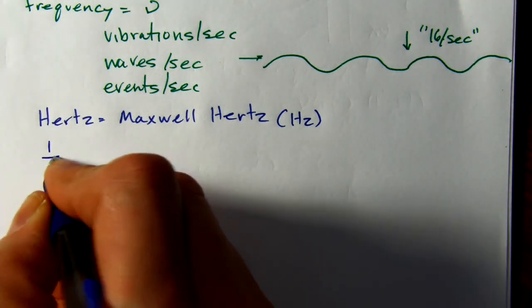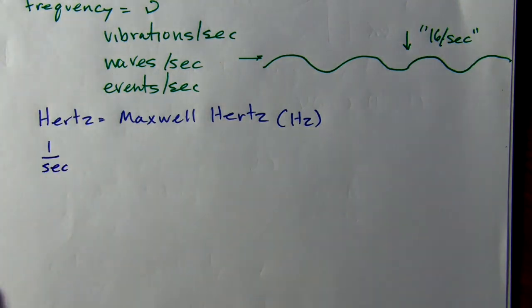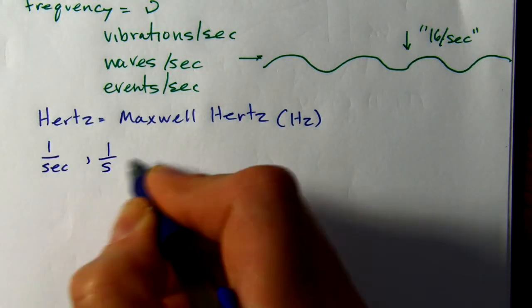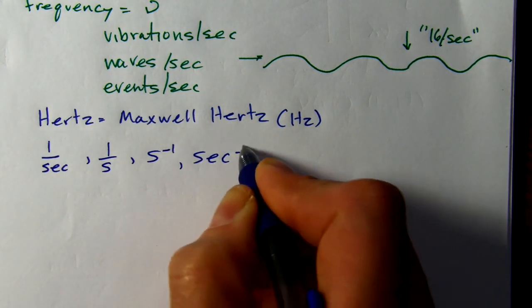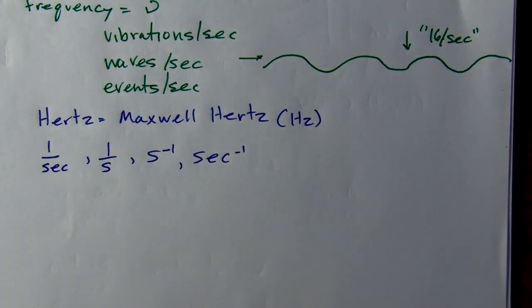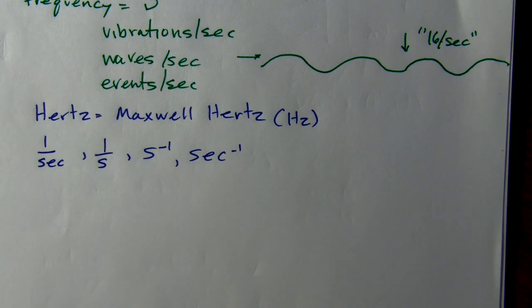The most common form is inverse seconds, or 1 over S, or this, right? So any number of those you're going to see in terms of frequency. So be ready for that.